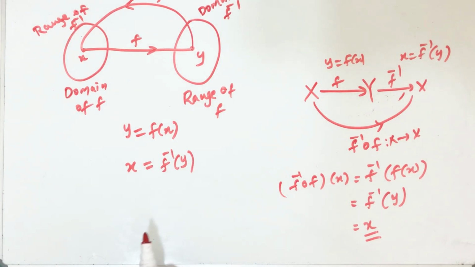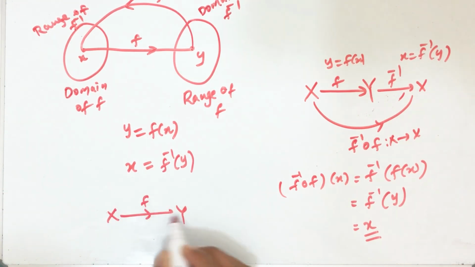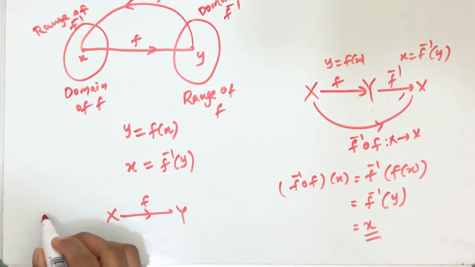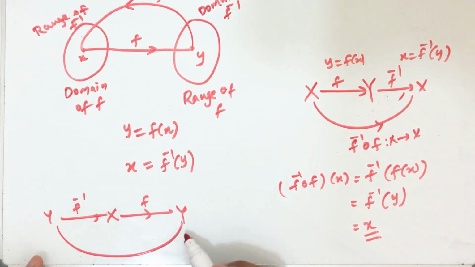Like that we can see f composite f inverse. If we have a function f from x to y, and f inverse from y to x, then f composite f inverse is the function from y to y.